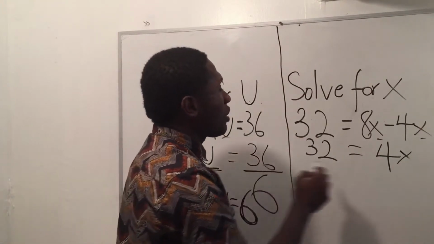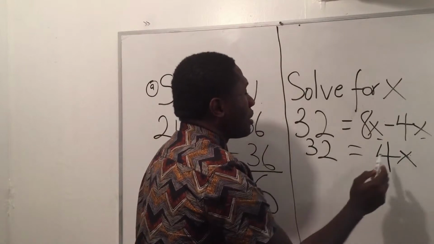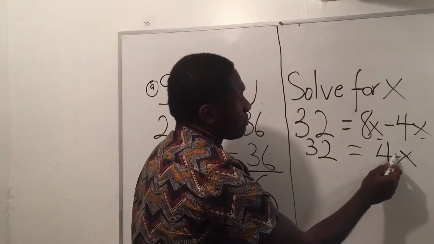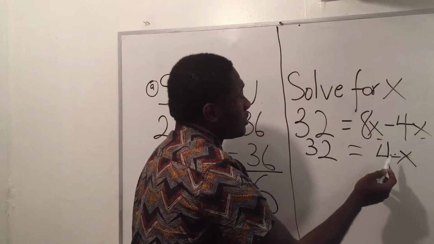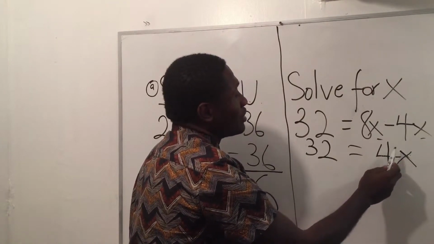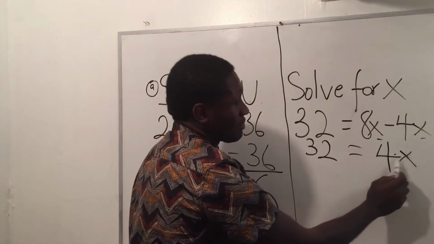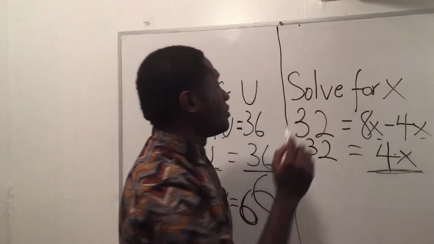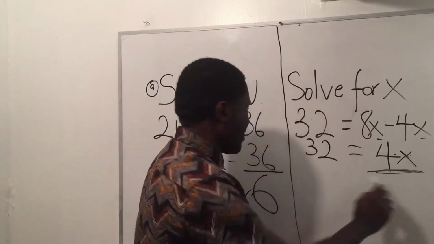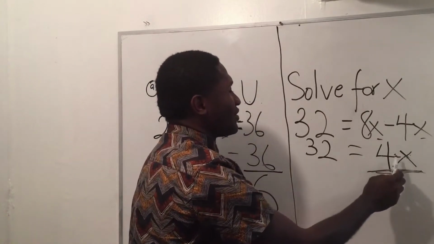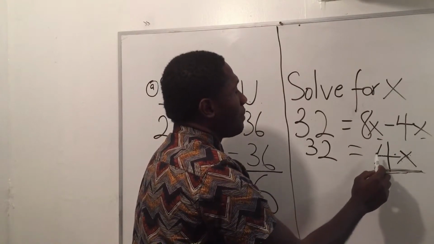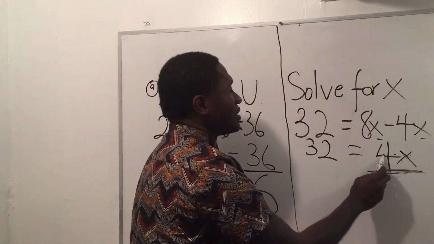And now I want to get the x by itself. And whenever I have a number with a variable like that, actually I know there's a multiplication sign right here, the only way to get the variable by itself is to divide by the number with the x, which in this case is 4.